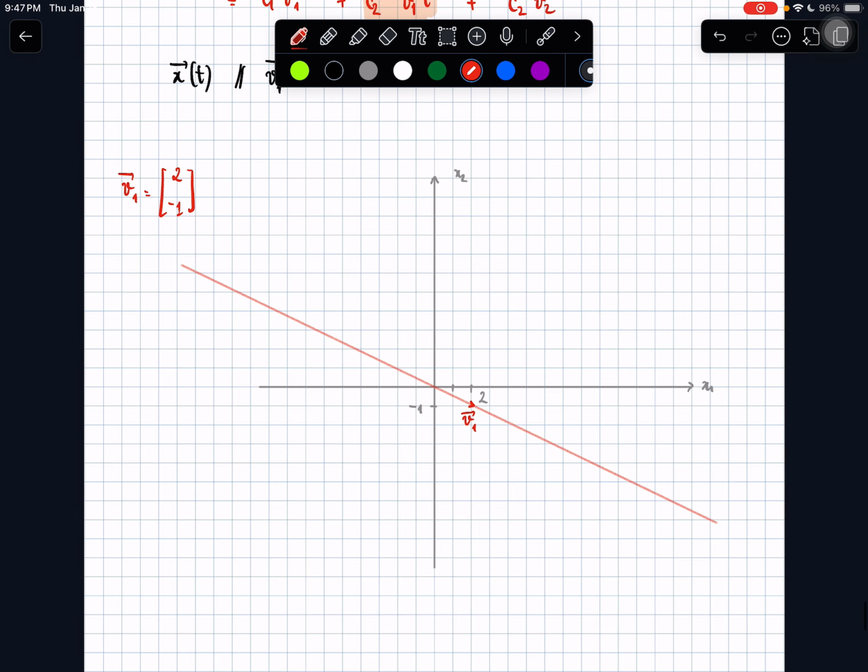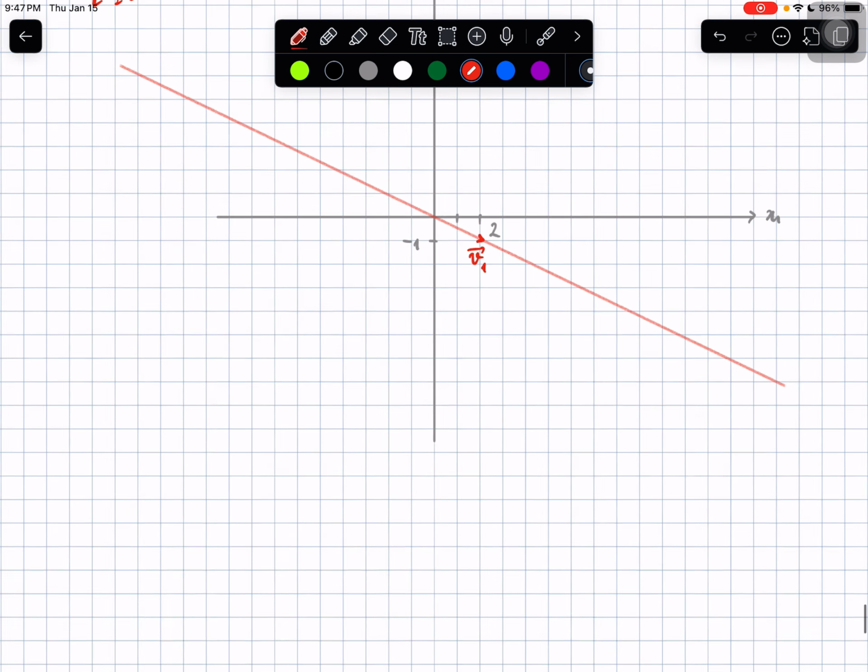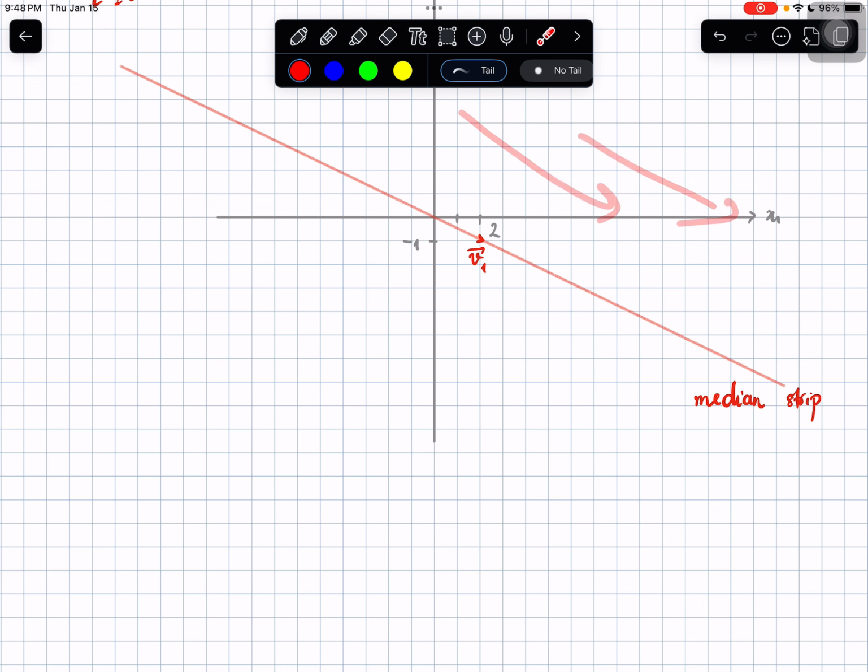So this line will separate the plane. You can think of it as a median strip. One lane will move in one direction, and the other side will be opposite.